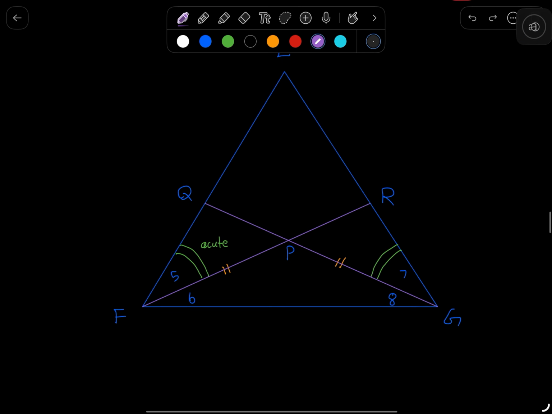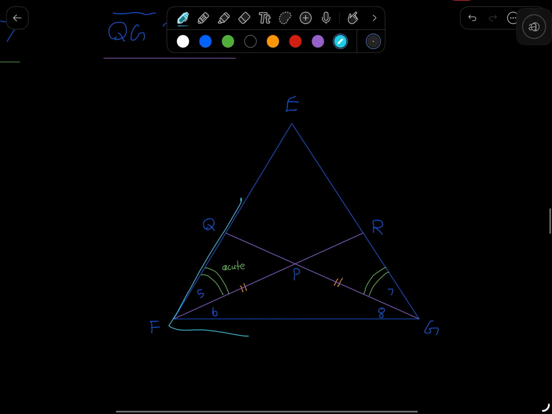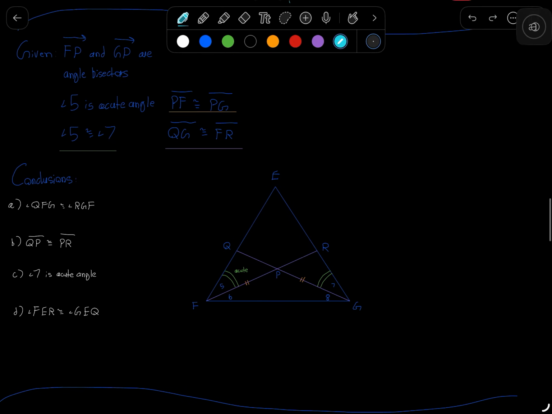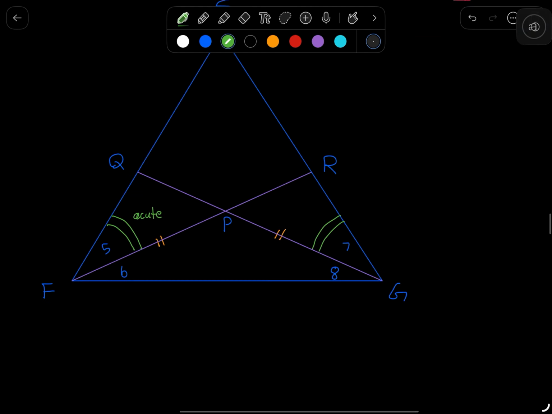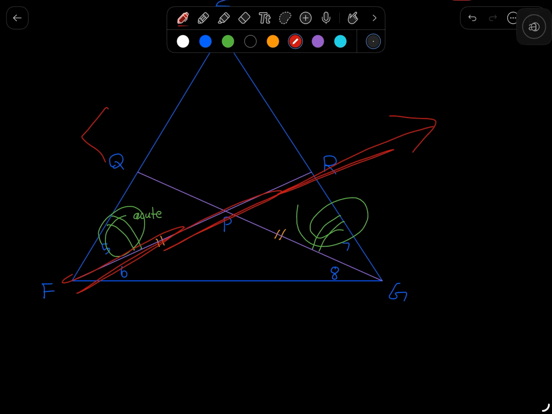So QFG, which is this angle, is congruent to RGF, which is this angle. How do you prove that? Well, in the problem we're given that there are two angle bisectors, and we know that angle 5 is congruent to angle 7. Those green angles are congruent, and you know that these are angle bisectors.